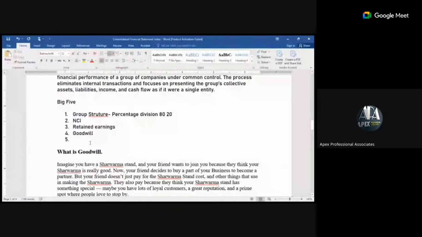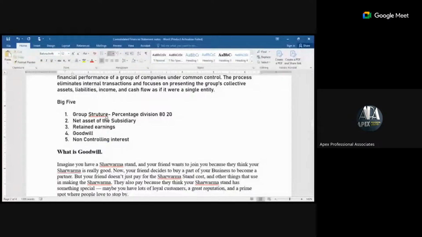Then the net assets. Now, let me put it in the other way. Let me put net assets here. Net assets of the subsidiary. Then I'll put NCI here, non-controlling interest.